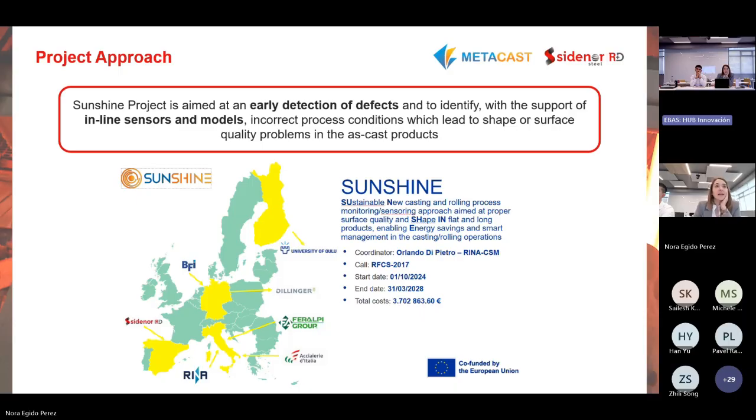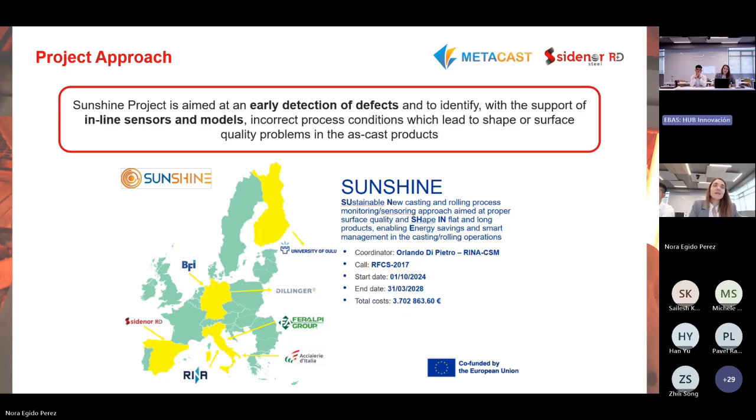We have all these partners in this project funded by the European Union. From the industrial partners, we have Feralpi Group and Acciaierie d'Italia from Italy. In Germany, we have Dillinger, and in Spain, an industrial partner, which is Sidenor.